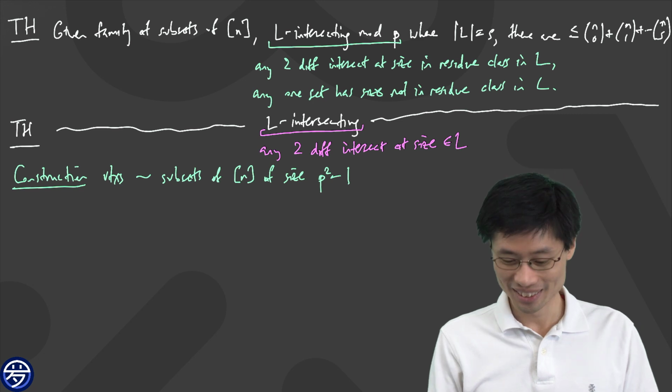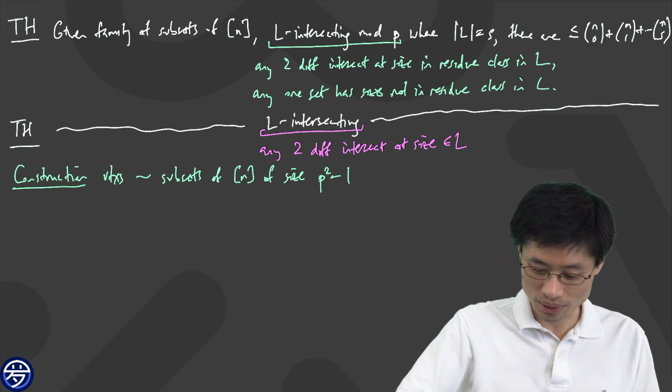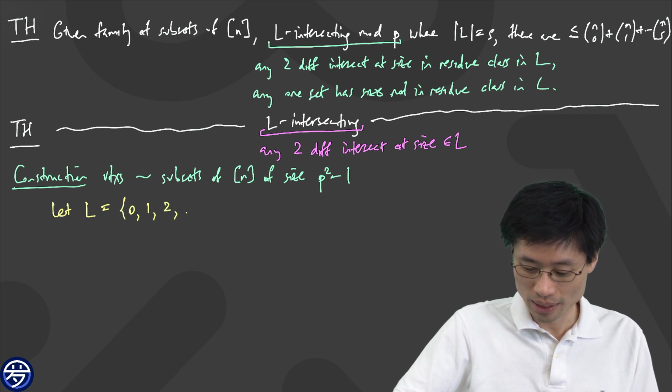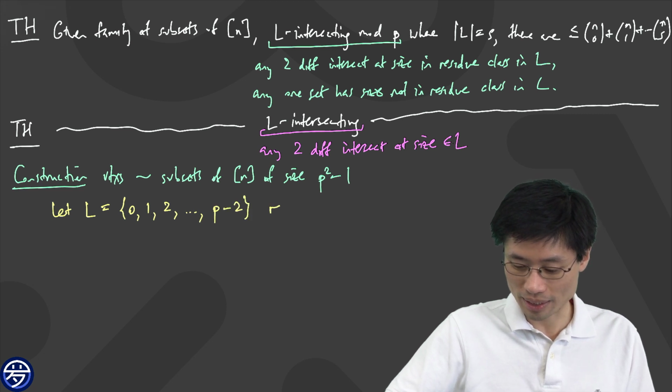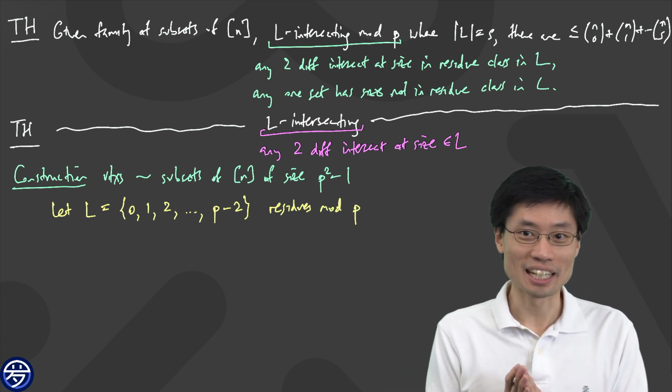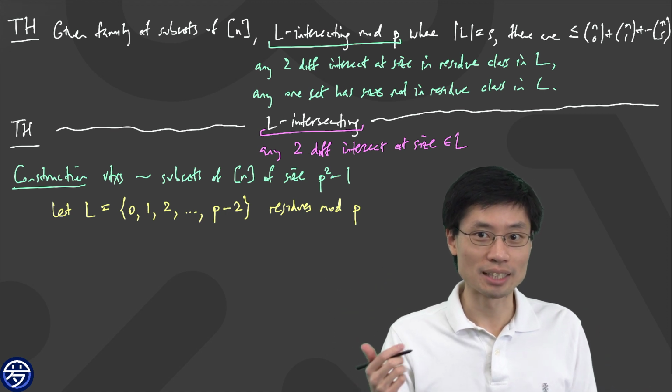Let's try that. Okay, so what we'll do is we'll let L be the set of residues 0, 1, 2, up until p minus 2. These are residues mod p. Okay, so in this case, let's see what happens if I make an edge.